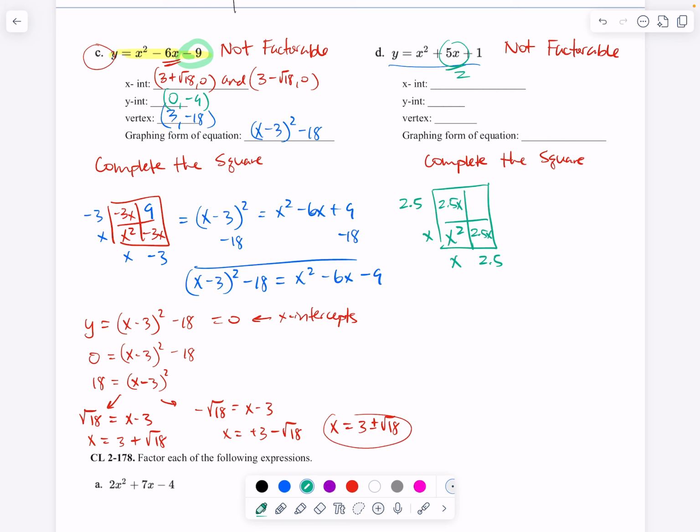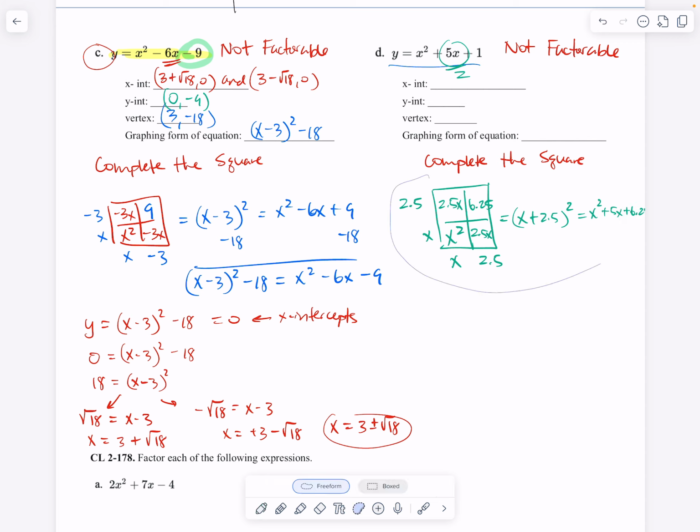And then if I do 2.5 times 2.5, I'm going to get 6.25 over here. So this is equal to x plus 2.5 squared, which is equal to x squared plus 5x plus 6.25.